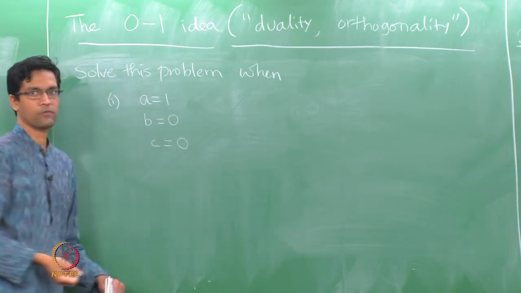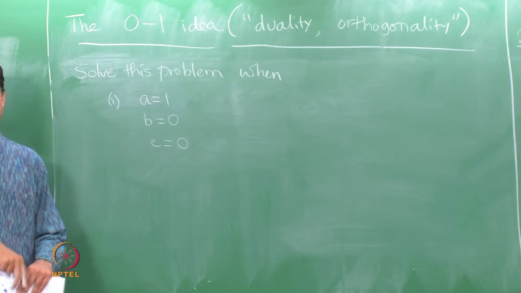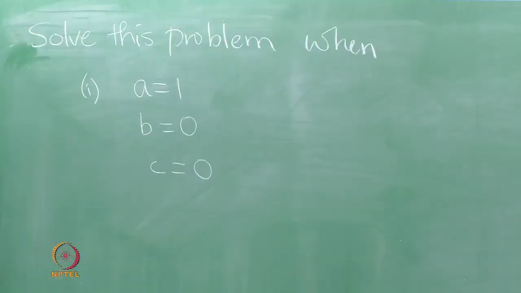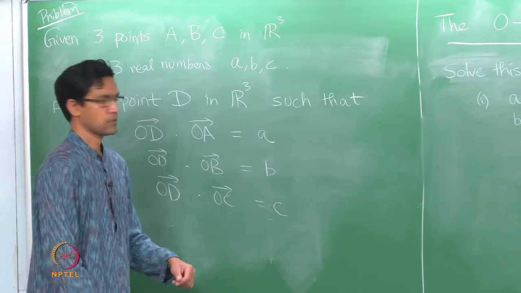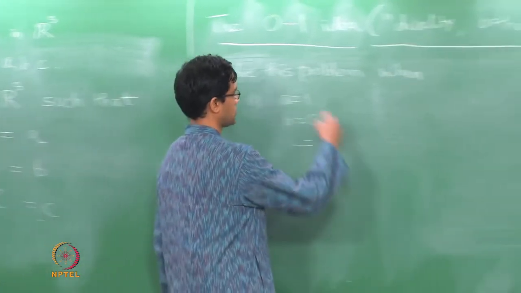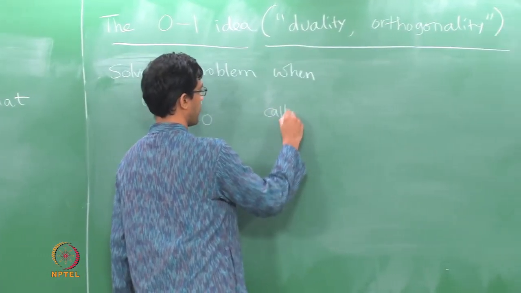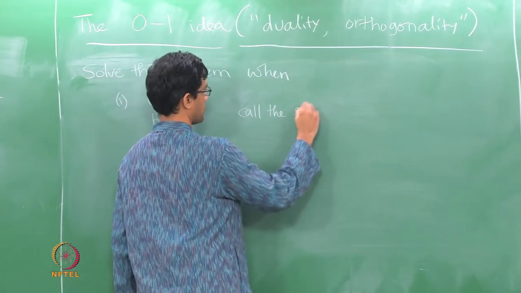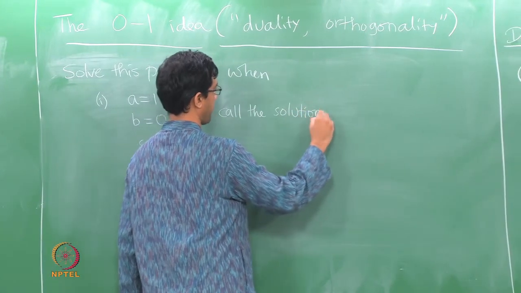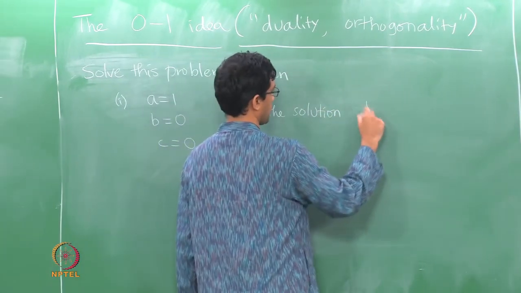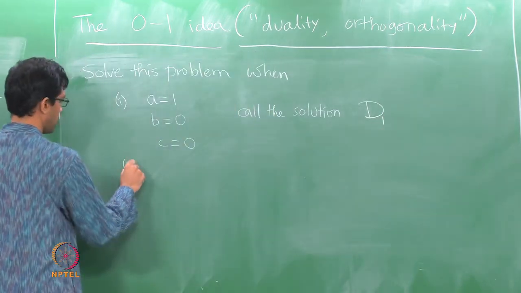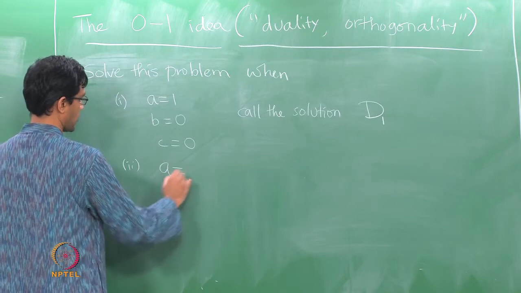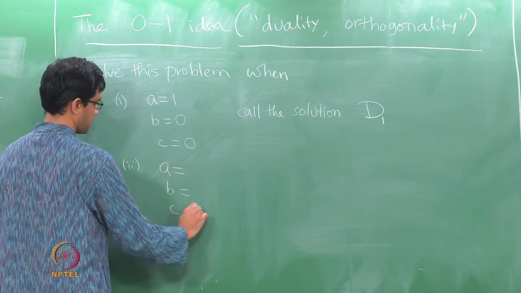In other words, I want to find a point D such that the position vector of D has dot product 1 with OA and has dot product 0 with the other 2 fellows. Okay. So that is the first thing. Let us call the solution, instead of D, let us call it D1. So similarly let us solve another problem.